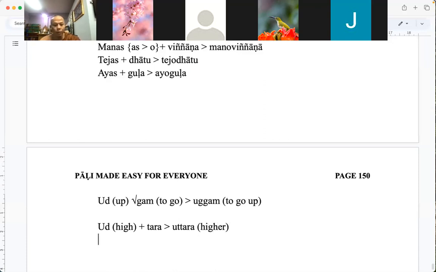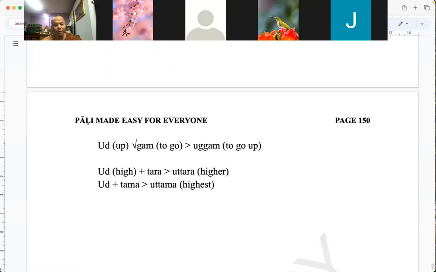The same way, to the ut, tama is added. At that time we have ottama. So tama is a superlative adjective. Ottama means highest.